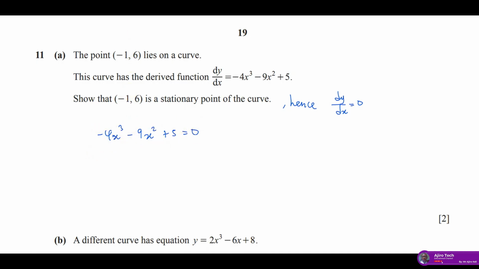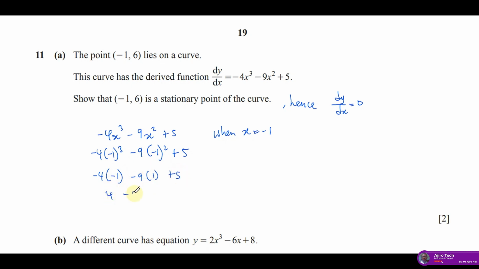Okay, we want to show that dy/dx is 0 at this point, so when x is -1, I put -1 into the equation: -4 into -1 cubed minus 9 into -1 squared plus 5. -4 into -1 cubed is 4, -9 into -1 squared is -9, plus 5.